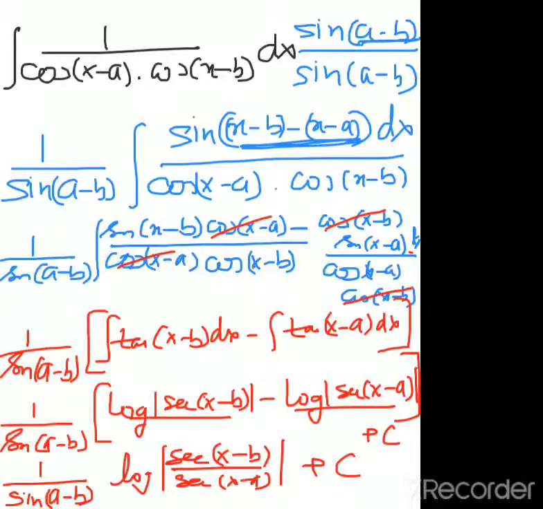We can leave the answer at this place also, or we can convert it into a different form also. This is up to you, but this is a good and important question.